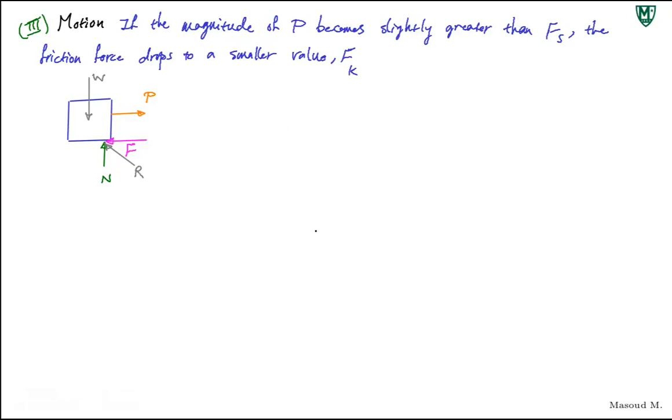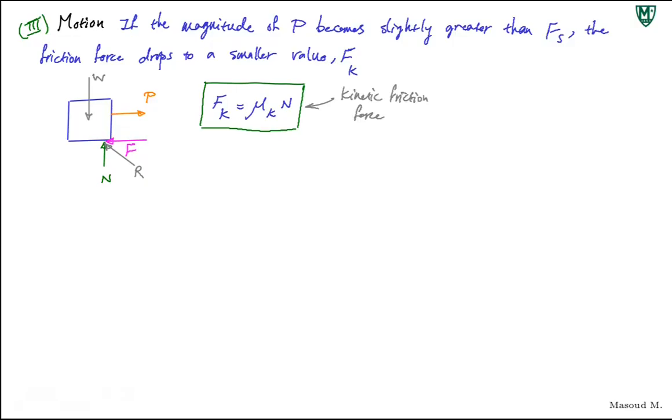Now in this case, Fk, kinetic friction, is equal to mu k N. That would be the expression for your kinetic friction, or friction when you're in the state of motion. You can write it this way: kinetic friction force.